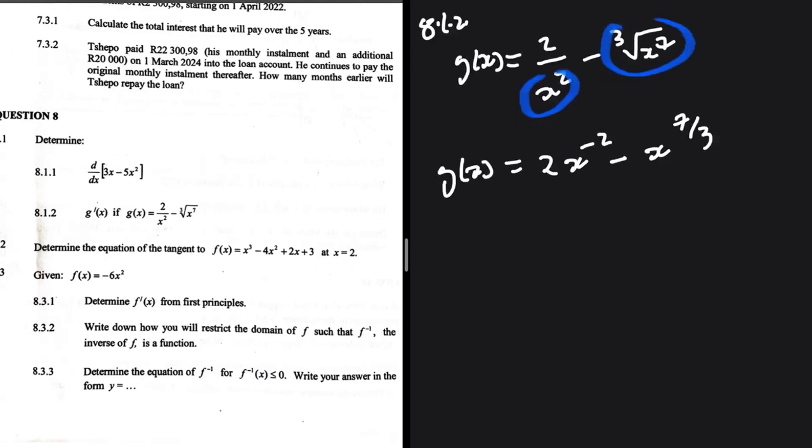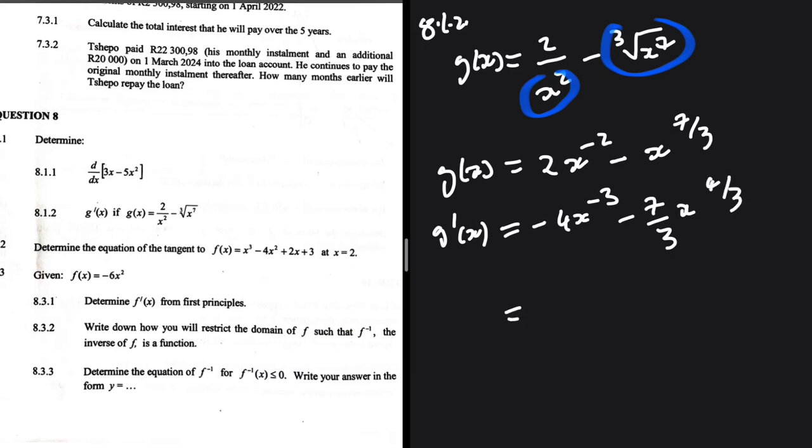So when we have written it like this, we can then differentiate, and then we are able to say g prime of x. We cannot say g prime of x at this step, it would be wrong. We say it on the last step. So this will equal minus 4x to the minus 3, and then minus 7 over 3 x to the 7 over 3 minus 1. So 7 over 3 minus 1 is 4 over 3.